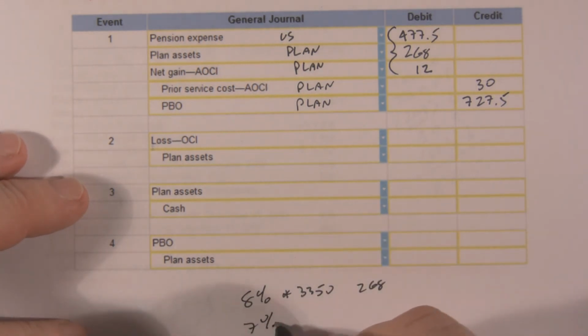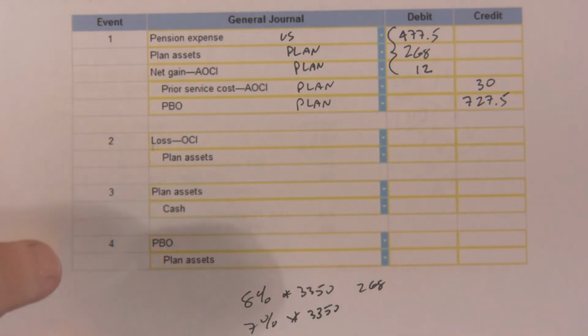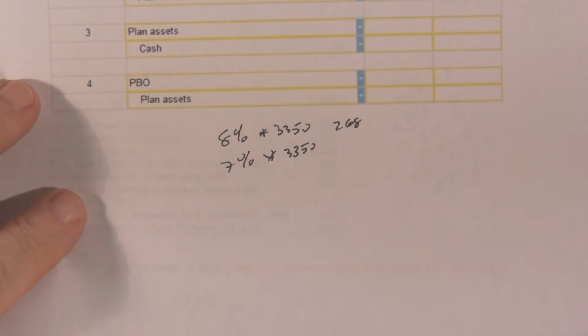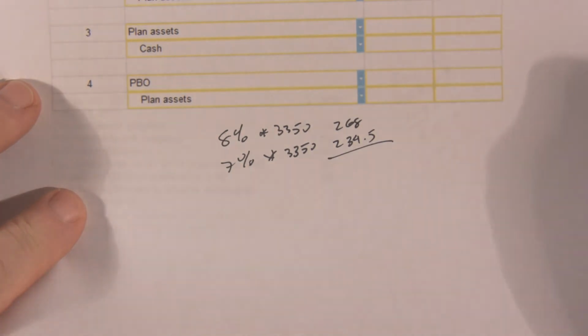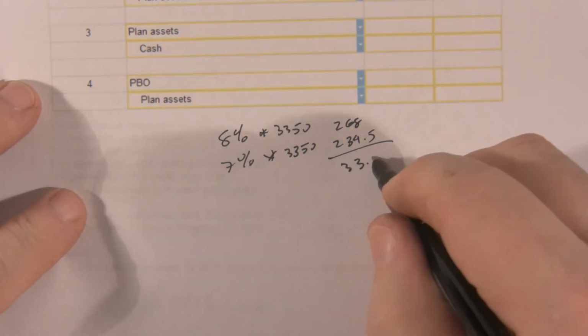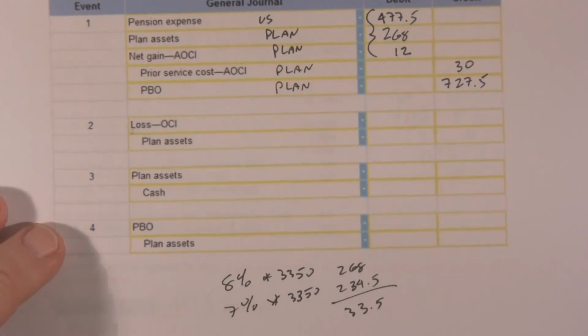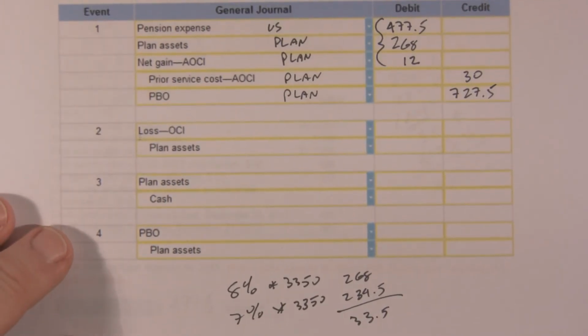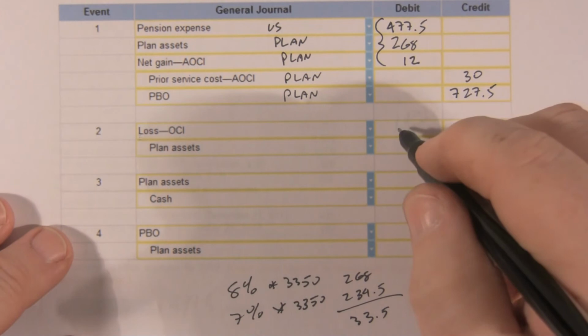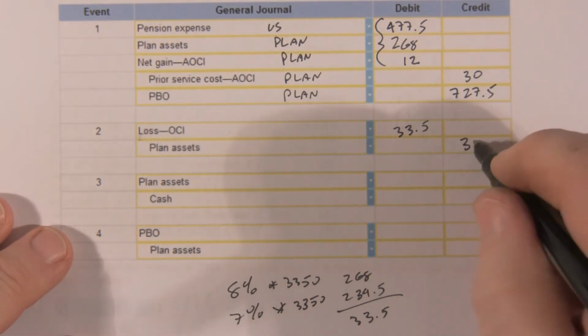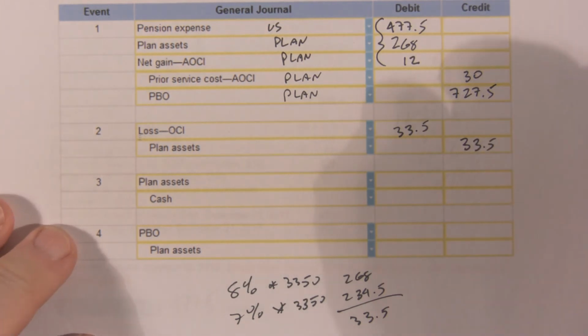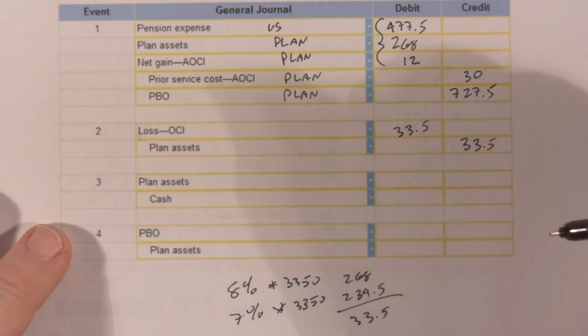We got 7% of 3350, which is 234.5. So our loss, 33.5, that's part of other comprehensive income, 33.5, and the plan assets are reduced by 33.5. It's a credit to the assets, it reduces them.